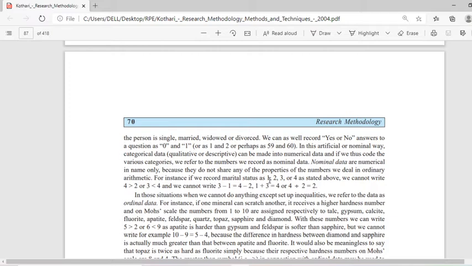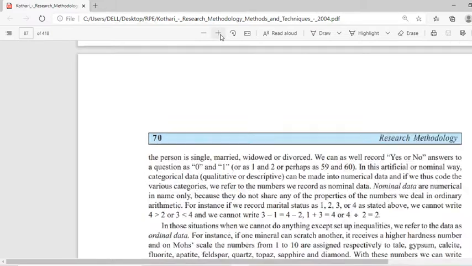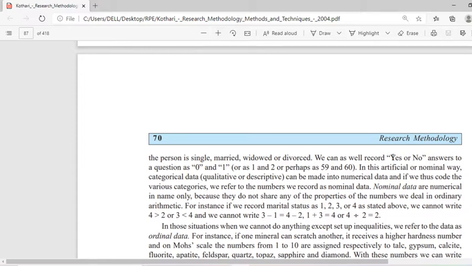This type of yes or no question is just a response only. It is usually called categorical data. At the same time, there is no preference. Another example is male or female. If male, we can denote it as 1, and if female, we can denote it as 0, or 2.